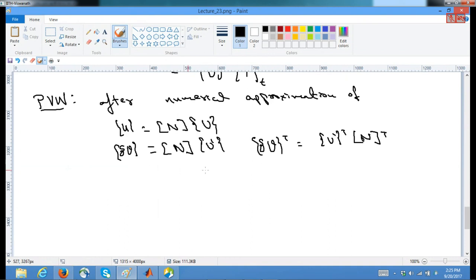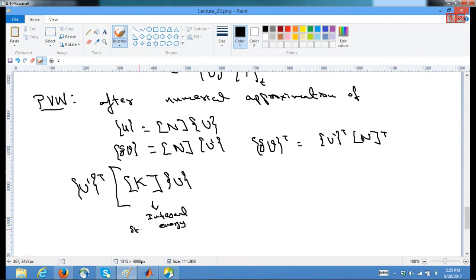We can write it as u dash transpose times k into u. This is coming from the internal strain energy, minus external work done by the body forces minus tractional forces. Let's call it pi. Now this is the total potential energy.